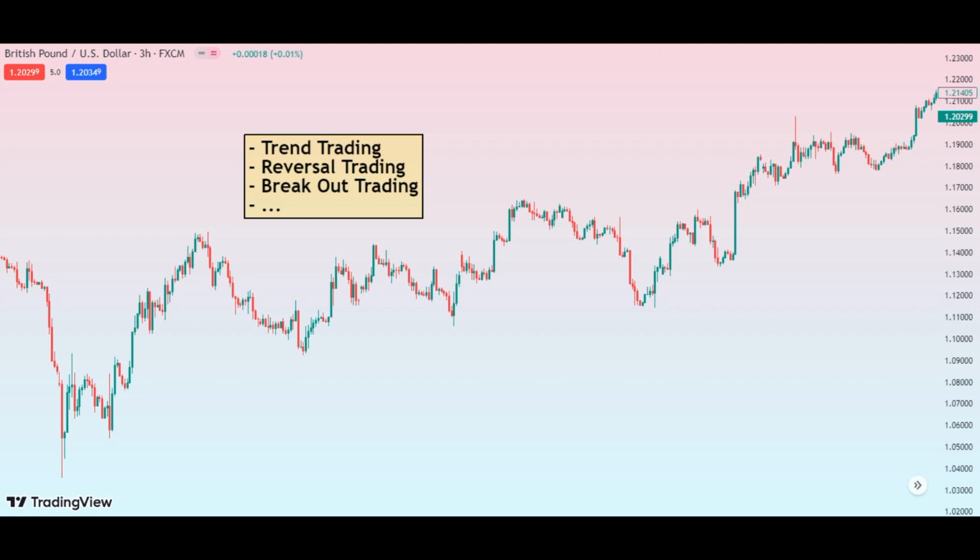No matter which strategy you are trading, if you're doing trend trading or reversal trading, maybe also breakout trading and so on, what most clients tell me is their biggest problem when they start trading is the timing. Because support and resistance areas are usually not a line, they're more of an area.